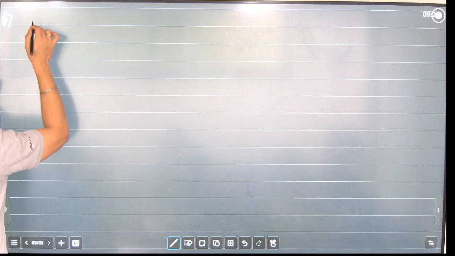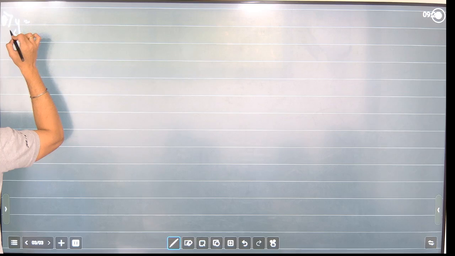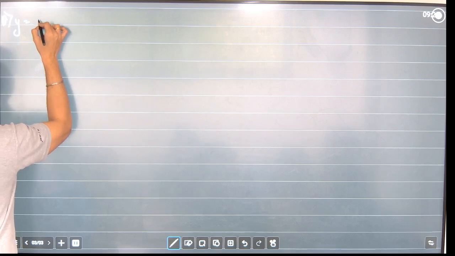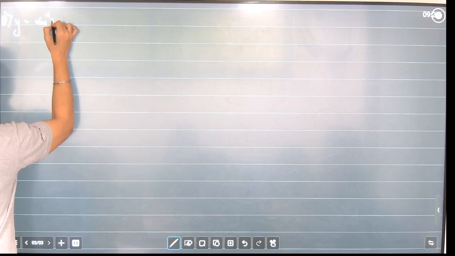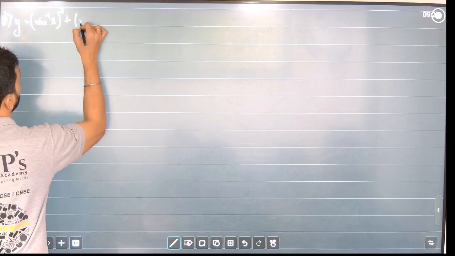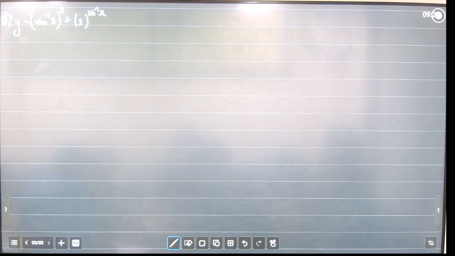Now, imagine my question is, y is equal to sine inverse x raised to x plus x raised to cos inverse x. ठीक है, sin inverse x raised to x plus x raised to cos inverse x.